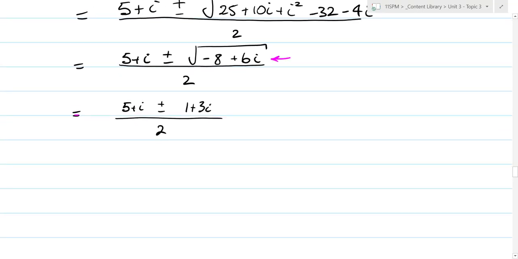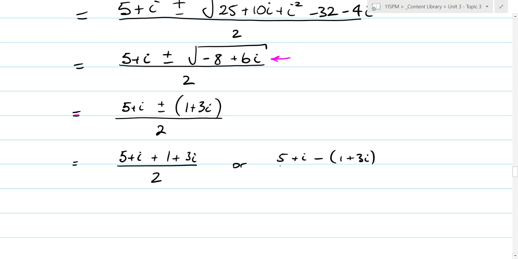And so now I can compute that. This is in brackets. It gives me (5 plus i plus 1 plus 3i) over 2, or (5 plus i minus (1 plus 3i)) over 2.